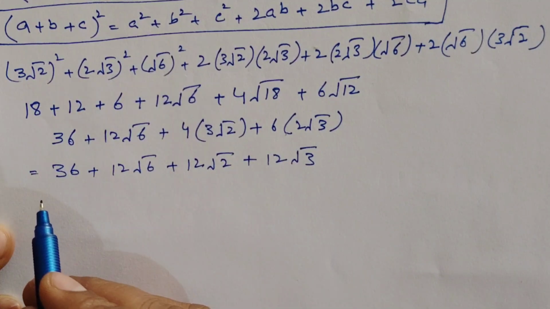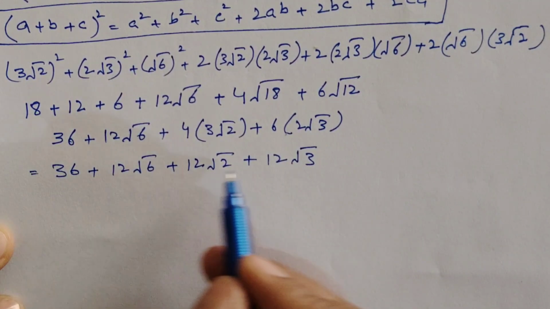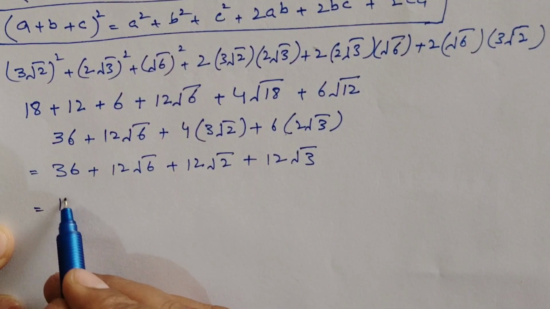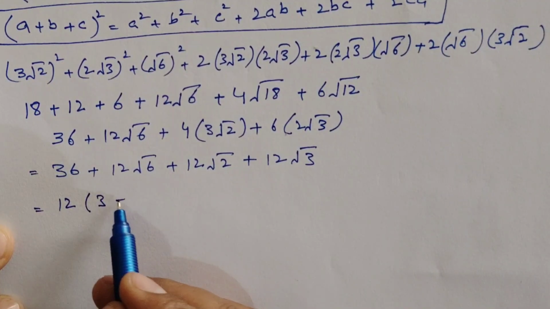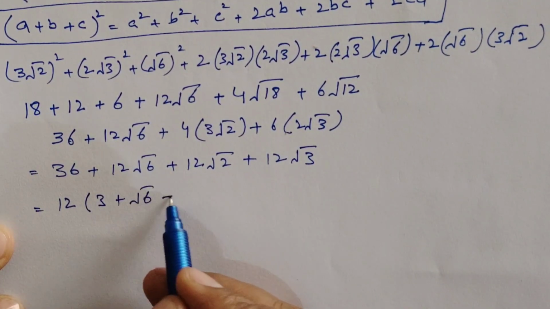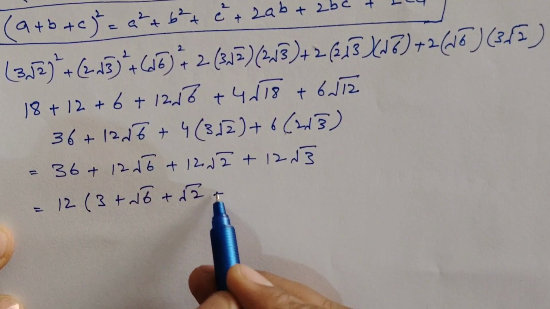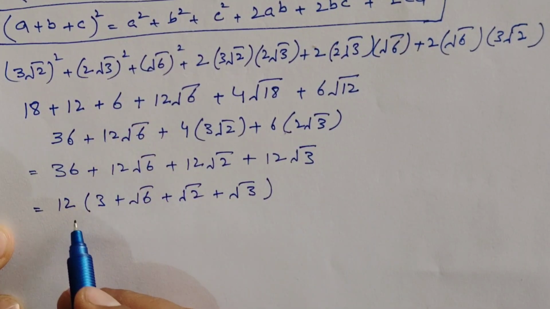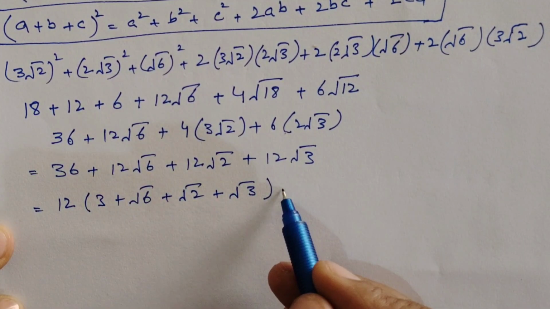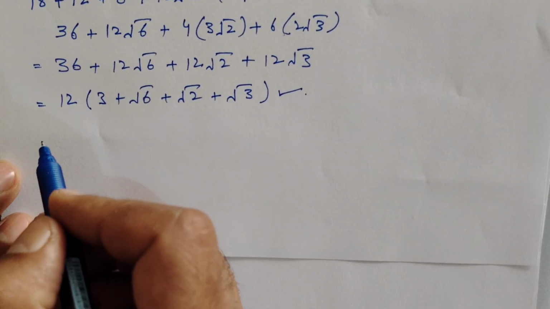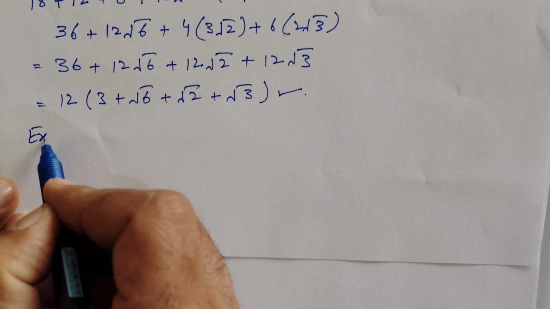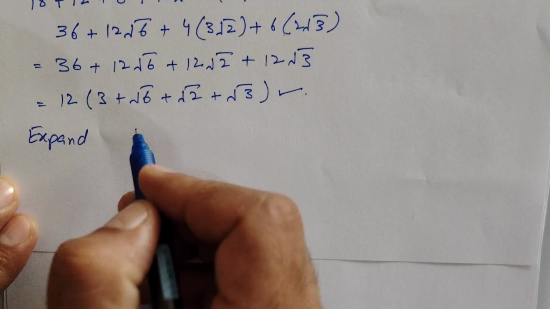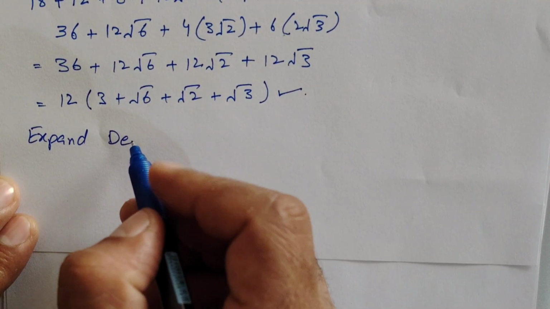Now we take 12 common in this equation. After that we get 3 plus square root 6 plus square root 2 plus square root 3. This is the simplification of the numerator. Now we expand the denominator.